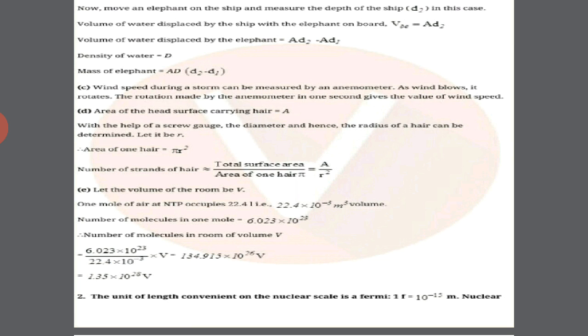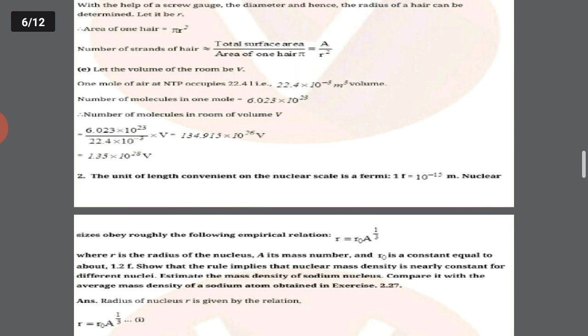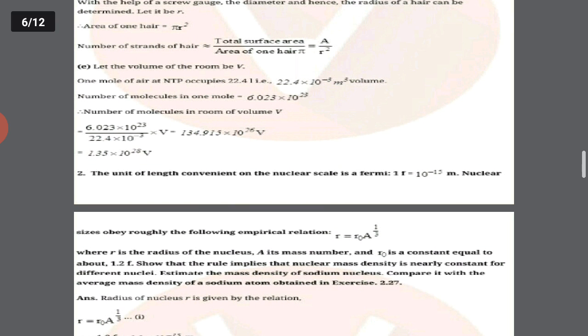Next question. The unit of length convenient on the nuclear scale is the Fermi, equal to 10 to the power minus 15 meter.